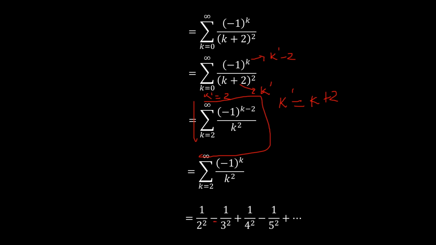When k equals 4, since this is even, this becomes 1, so we have plus 1 over 4 squared. And when k equals 5, because this is negative, we have minus 1 over 5 squared, plus 1 over 6 squared, minus, and so on.